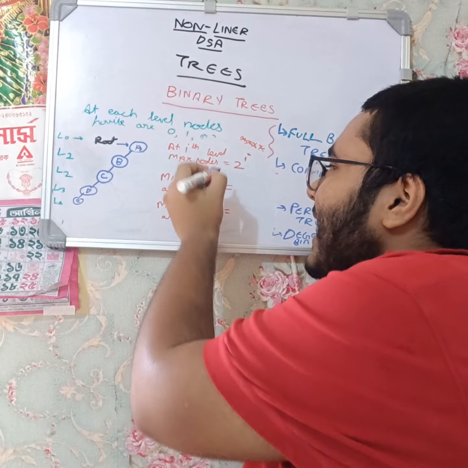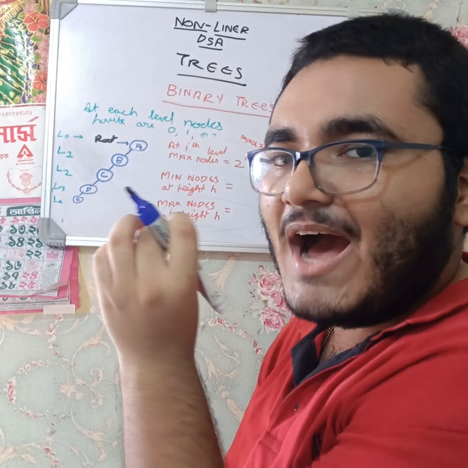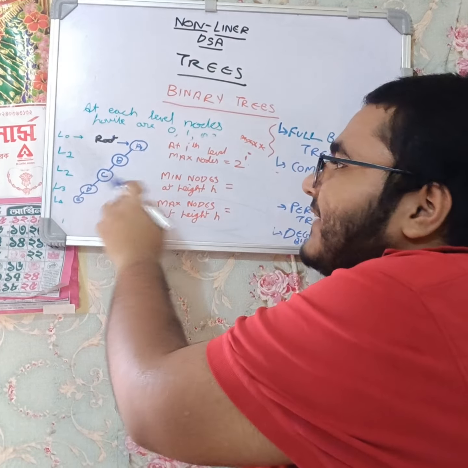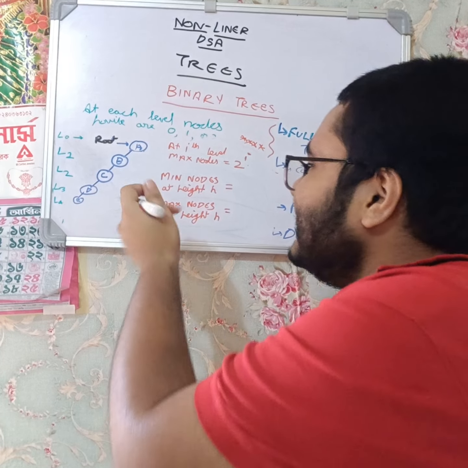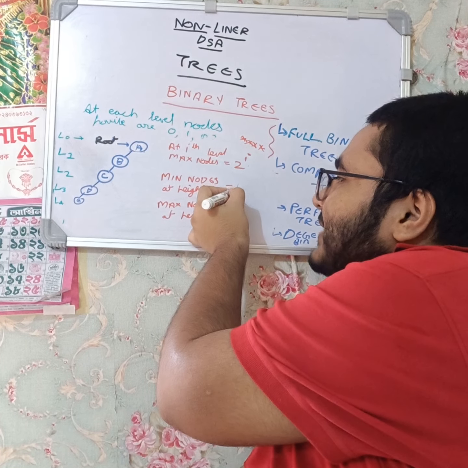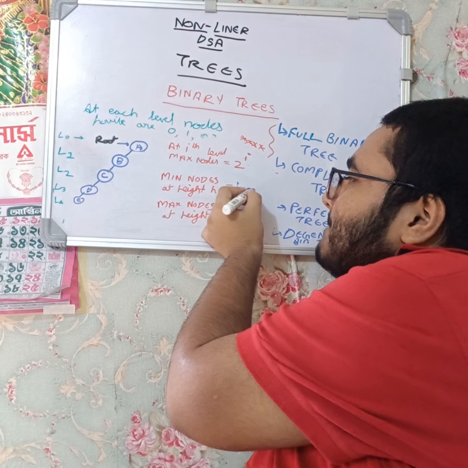So the minimum at any height h is h plus 1.